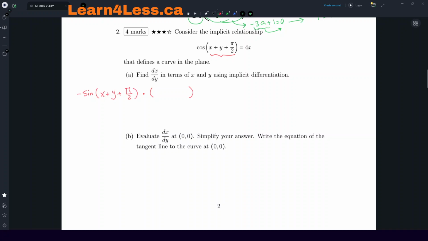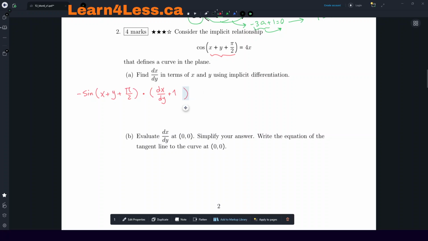Derivative of x with respect to y would be dx over dy. Plus the derivative of y with respect to y, which is dy over dy, basically 1. And the derivative of pi over 2 with respect to y would be just 0 because that's a constant. With respect to anything, that would be 0 because it is a constant.